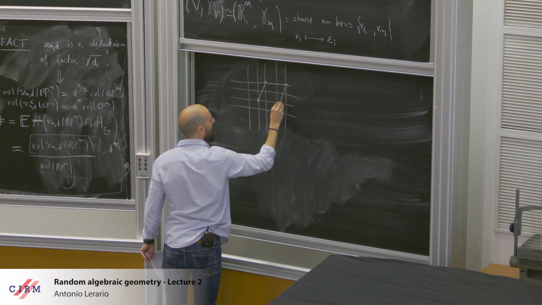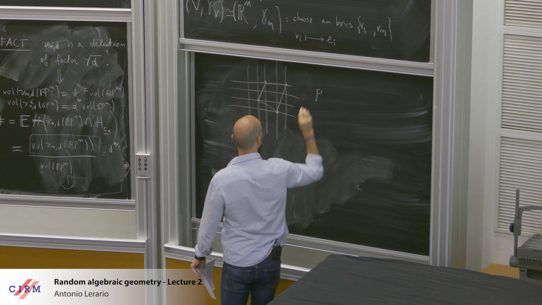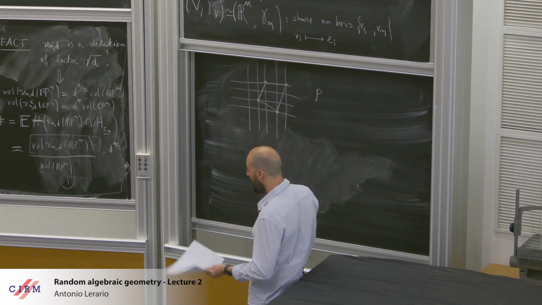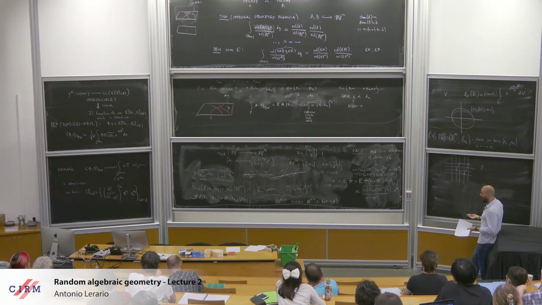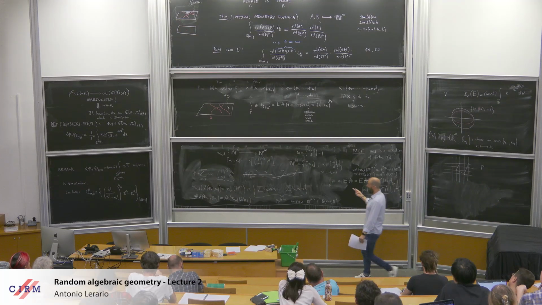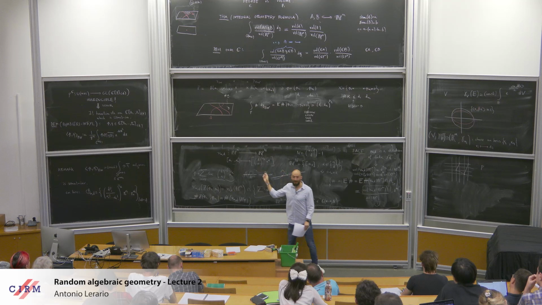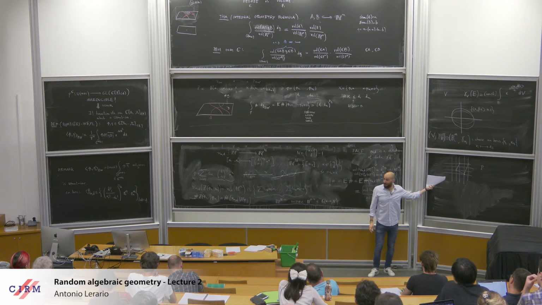You get this Newton polytope, call it P. You can argue in the same way and replace the Veronese embedding with the Veronese using the chosen monomials, okay?